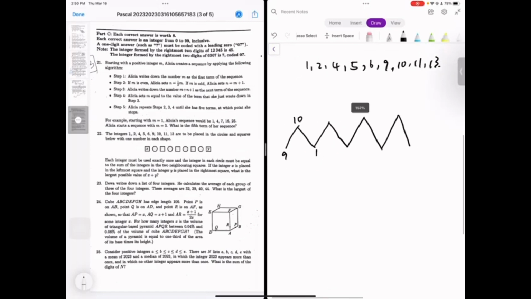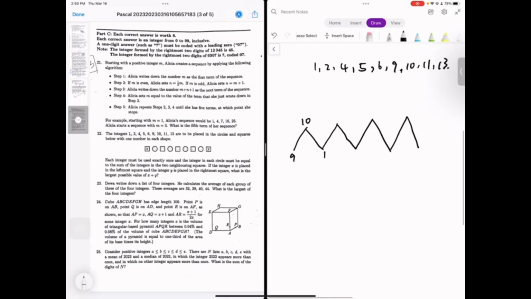Yeah, so we first cross out 1, 9, and 10, and then let this be 4, and this be 5, and then we need to find another number.